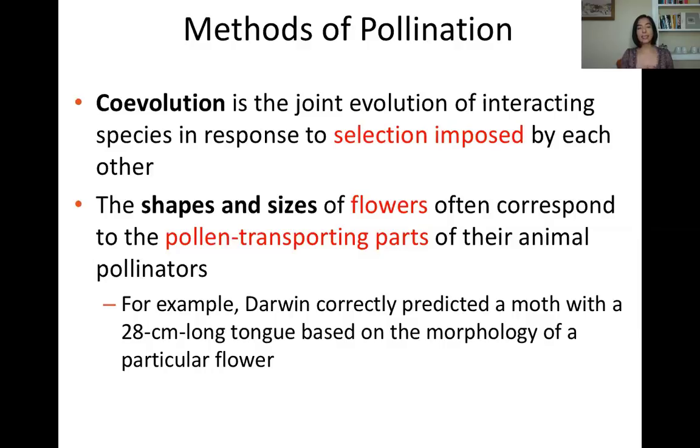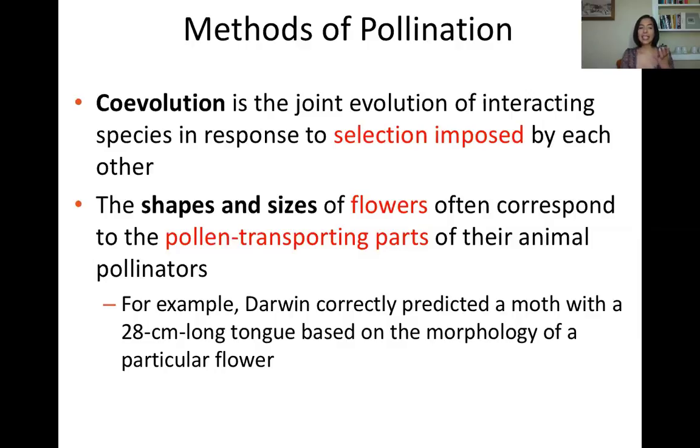And in some cases, those relationships occur very closely. And that's what we know as coevolution. Coevolution is the joint evolution of interacting species. So in this case, a plant and an insect, or a plant and a bird, or other types of interactions. And those species interact in response to selection imposed by each other.